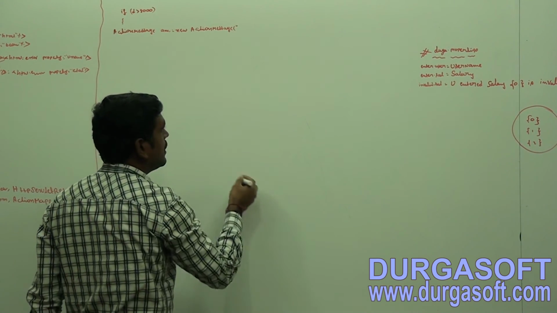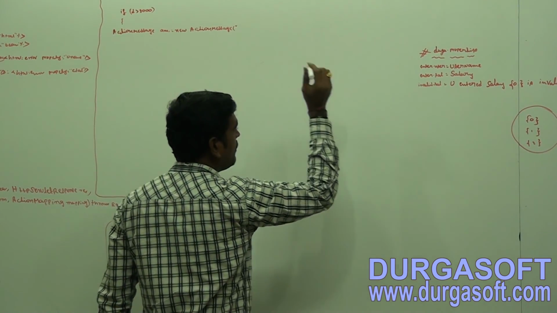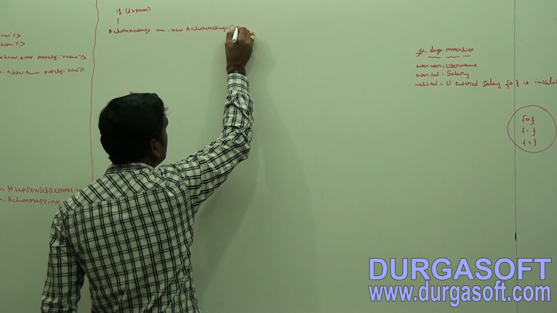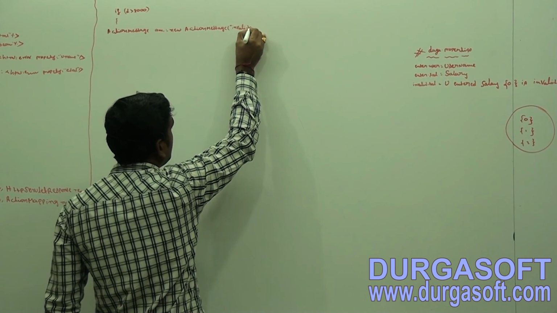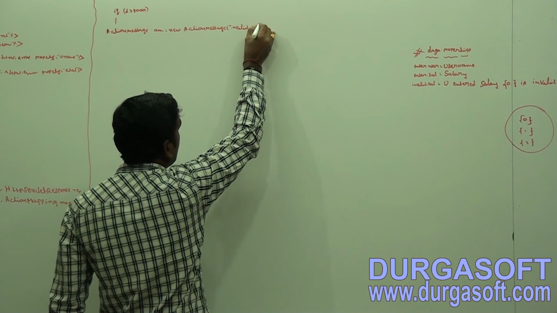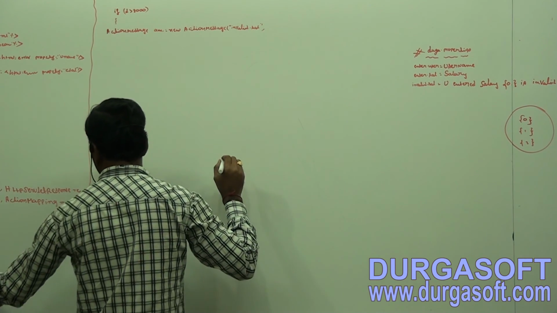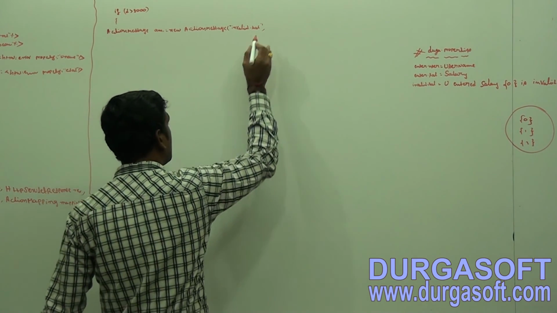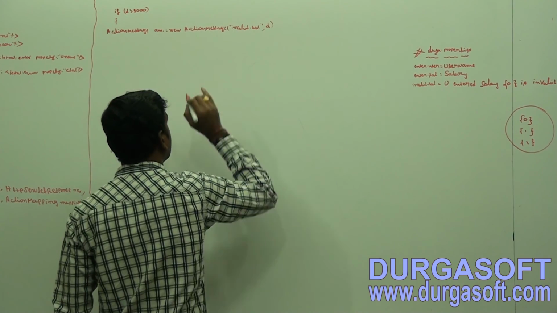Under that we can pass invalid.sal, comma, this d. We are getting the d, right? That d we can pass.